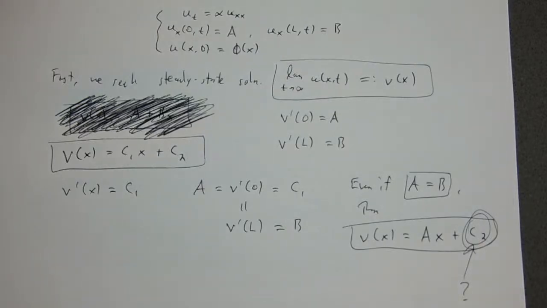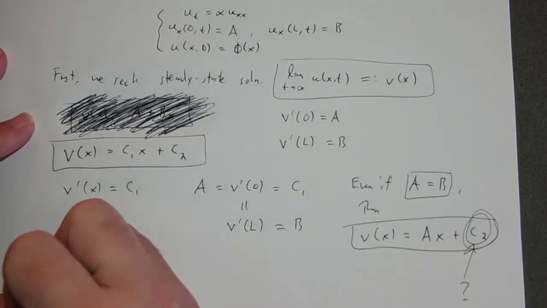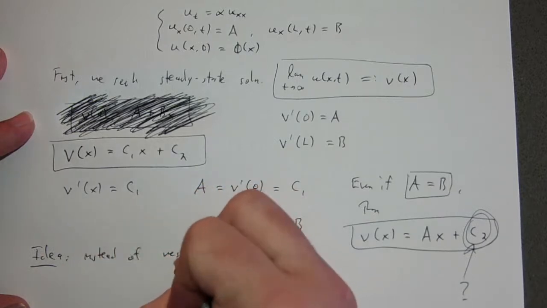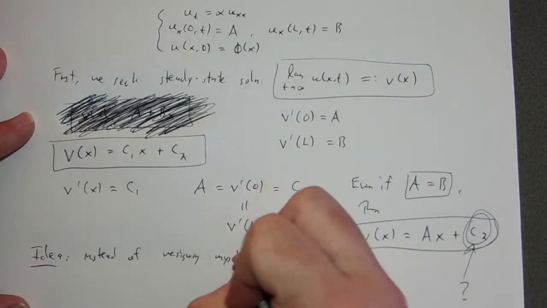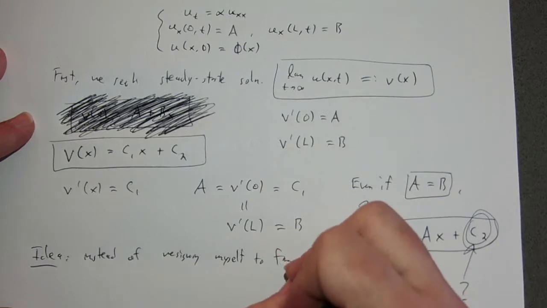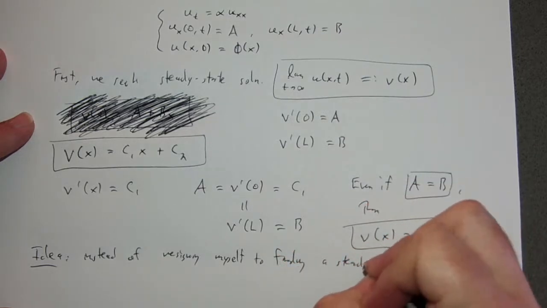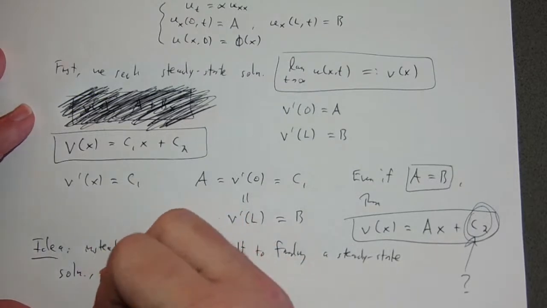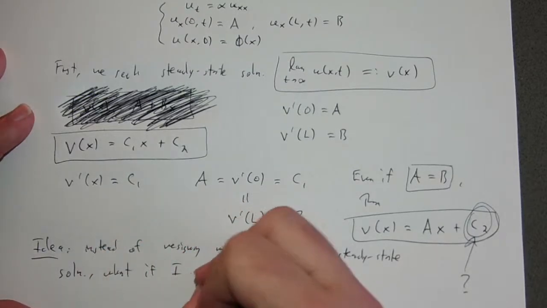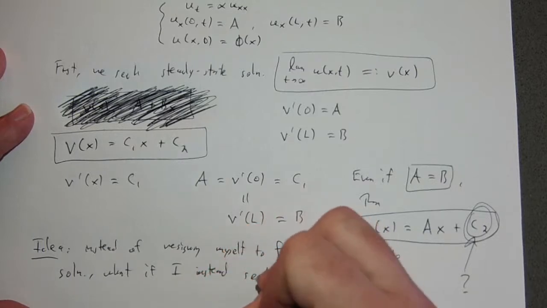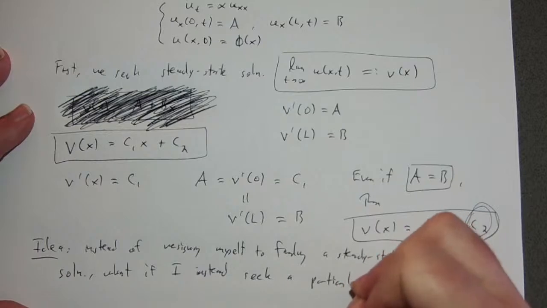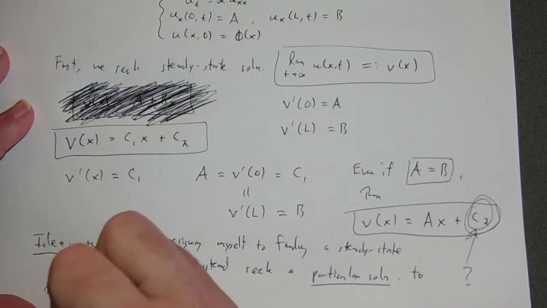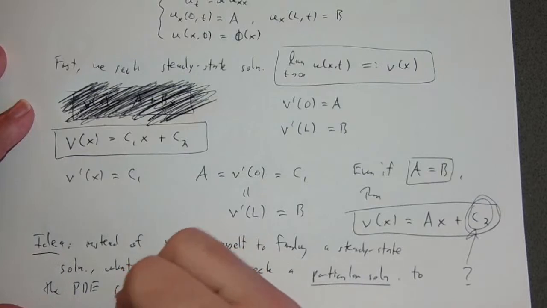Well, here the idea is, instead of resigning myself to finding a steady state solution, what if I instead seek a particular solution to the PDE that is not necessarily the steady state solution?